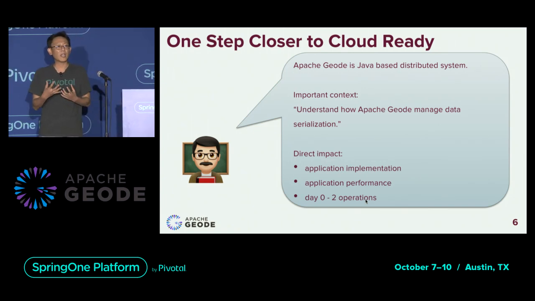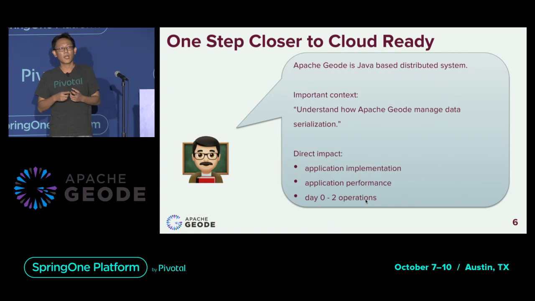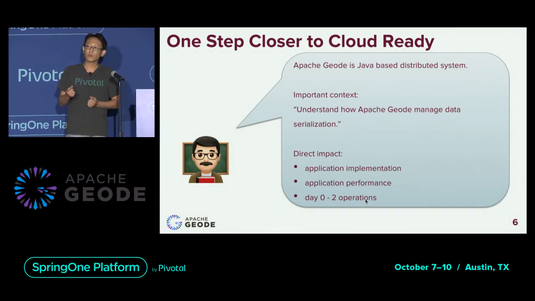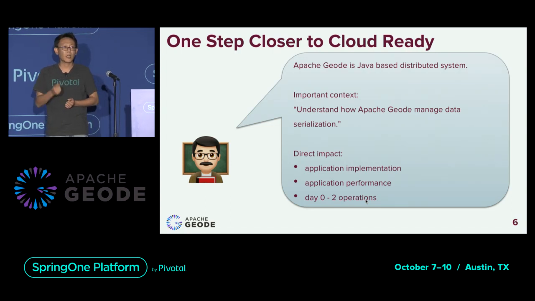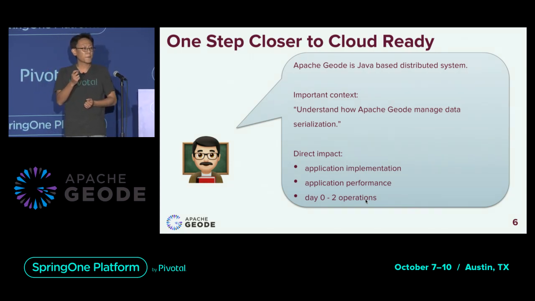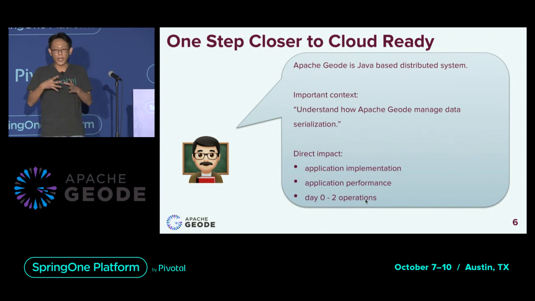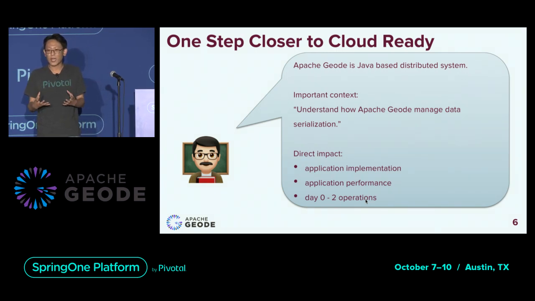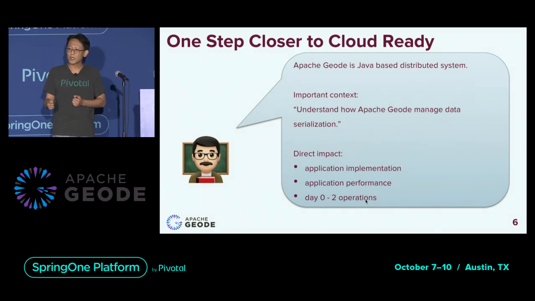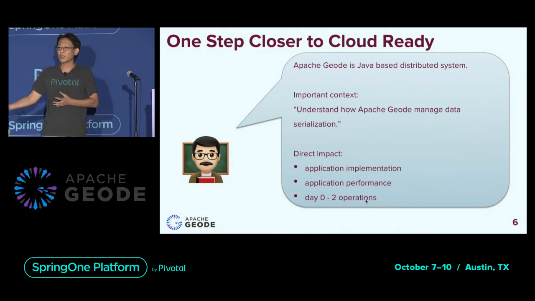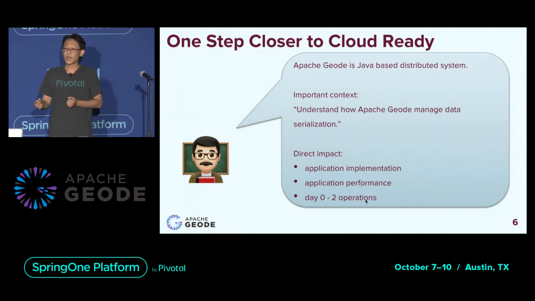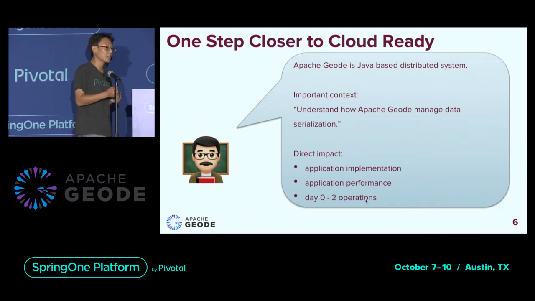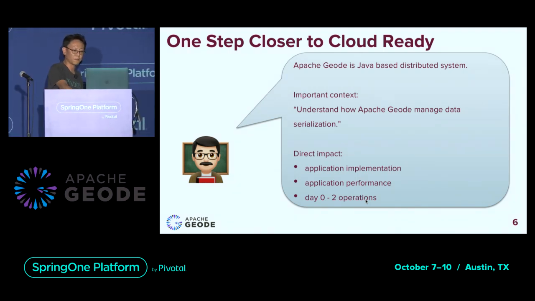Because Geode is a Java-based distributed system, any data that comes in and out of the JVM requires the data to be serialized and deserialized. And there are implications for application implementation styles and application performance, all the way up to day 0 to day 2 operations, if we are not handling serialization and deserialization properly within Geode.